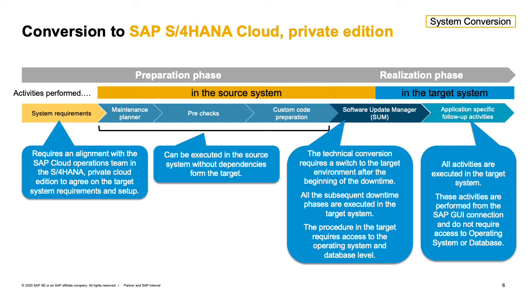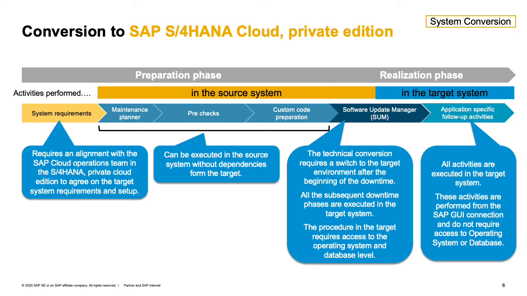The execution of Software Update Manager in the target system, as well as in the source system, requires direct access to the operating system layer, and this will have to be organized together with the SAP Cloud Operations team that is in charge of the target landscape in private cloud.